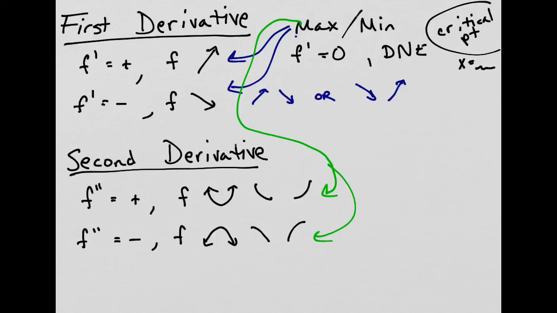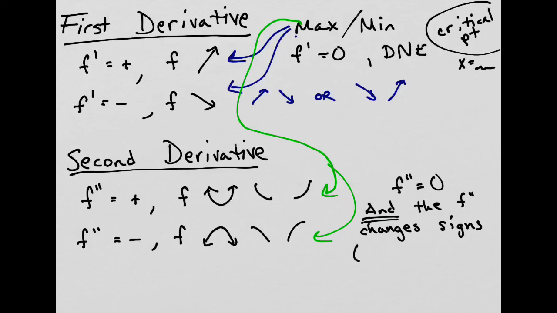And then the last thing I want to talk about is if your second derivative is equal to 0 and the second derivative changes signs, so it goes from plus to minus or minus to plus, then (x, y) is an inflection point.